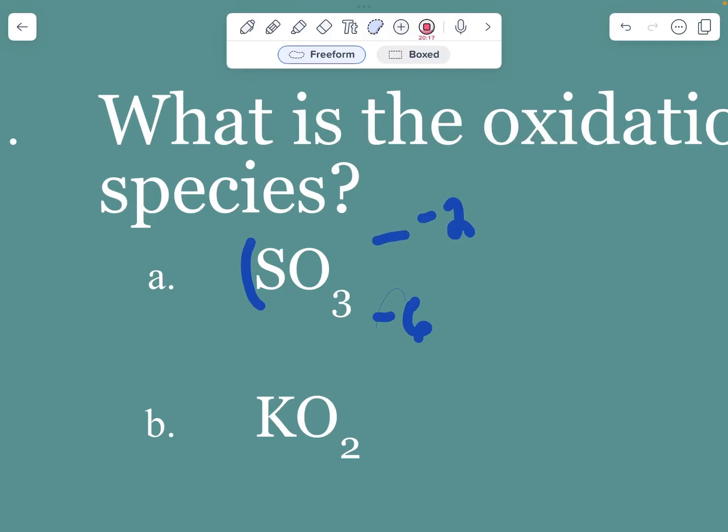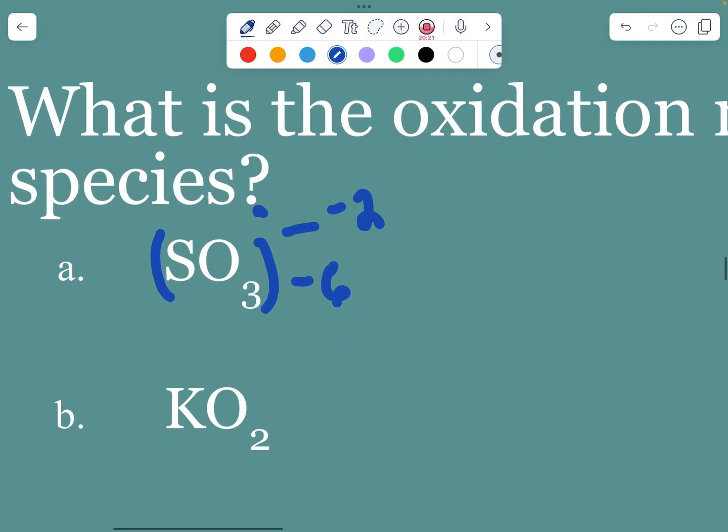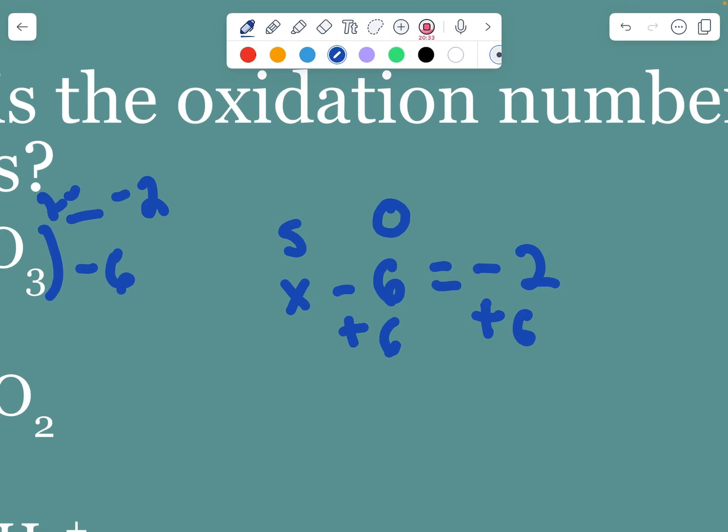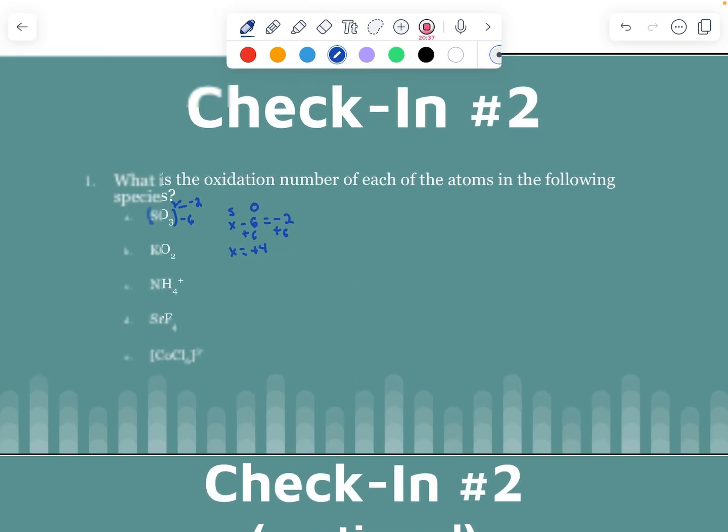So this is -6 total. There's a sulfite, which has a 2 negative charge. And so we'll do the same thing we just saw. So we'll do X, which is our sulfur, -6 for our oxygen equals -2. We can add 6 to both sides. And so that means sulfur's oxidation number is +4. So we'll assign that there.